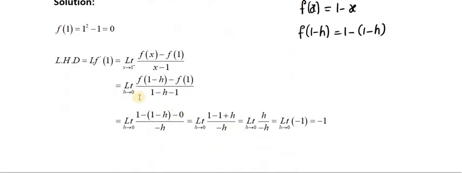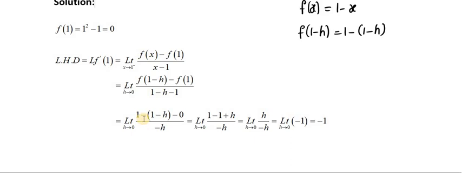That's why f of 1 minus h is equal to 1 minus 1 minus h. I already know the value of f of 1, that is 0. Denominator plus 1 and minus 1 get cancelled. The remaining term in the denominator is minus h.